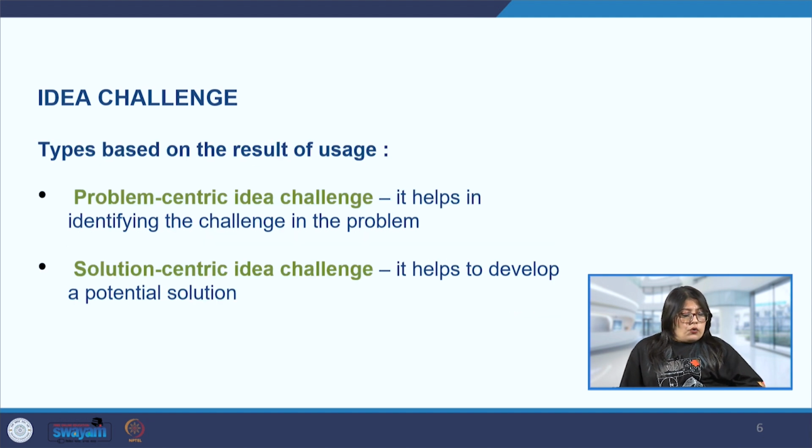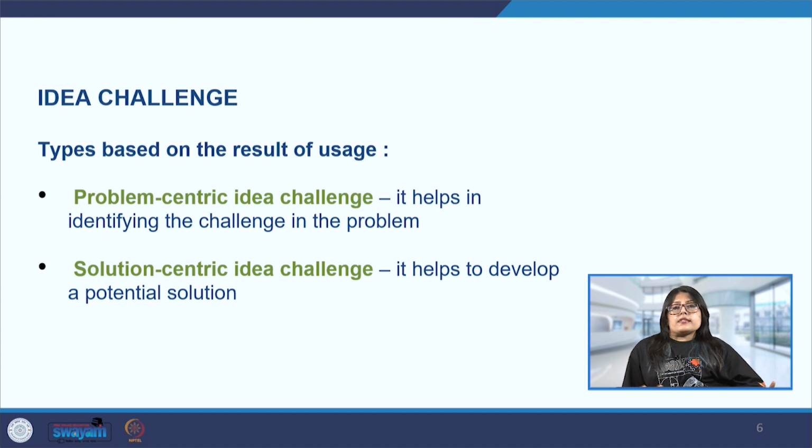Now, the types of idea challenge are based on the result of the usage. There are two types. One is the problem-centric idea challenge and the other is the solution-centric idea challenge. The problem-centric idea challenge is where we are looking at identifying the problem.